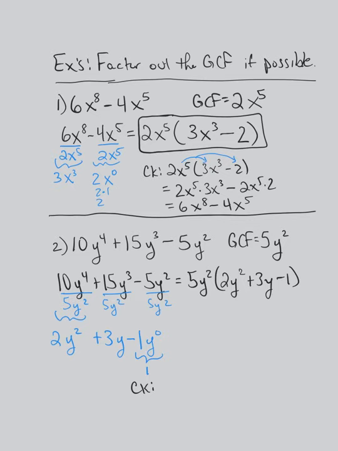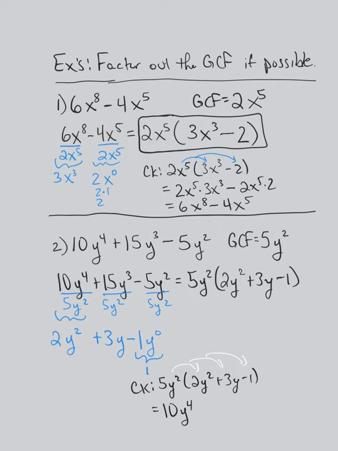And so this looks like it's the answer. Again, I'd advise you to check though. And so I get 5y squared times 2y squared plus 3y minus 1. And if I go and distribute that, then what do I have? I have 5 times 2, which is 10. Y squared times y squared, I add the exponents, I get y to the fourth.